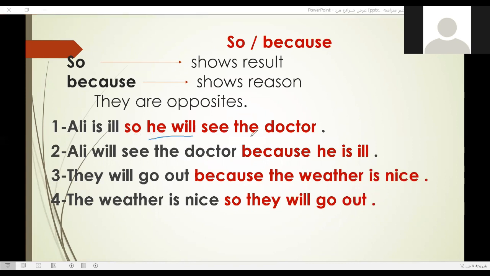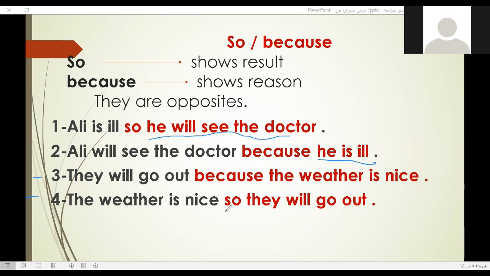He will see a doctor, a result because he was ill. Next. Ali will see the doctor because he is ill. So this is the reason why he is going to see the doctor. You see? Next. They will go out because the weather is nice. Number 4. The weather is nice, so they will go out.